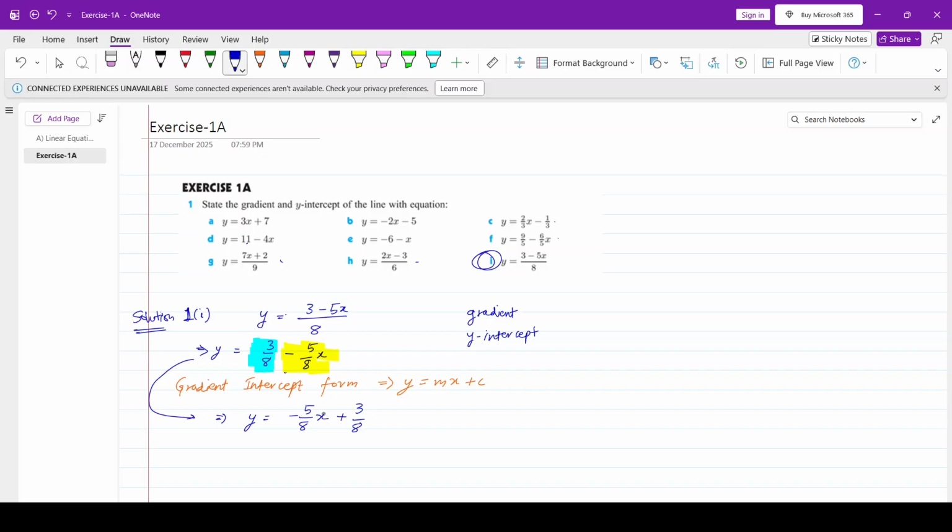Now comparing this equation with this, we know that this is gradient, and we also know that this is y-intercept. So now our equation becomes fairly easy.